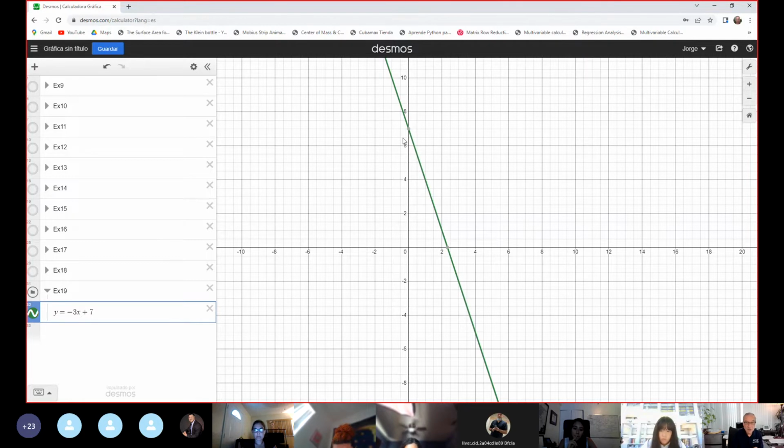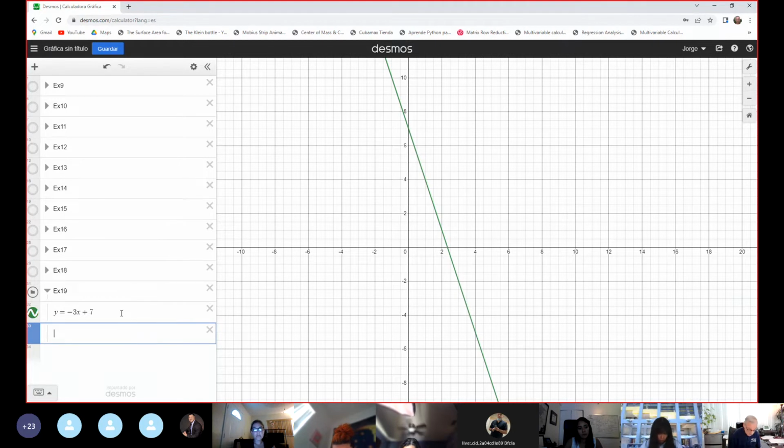There you go. Look at that. 0,7. I don't care too much about the y-intercept because it's decimal, and doing that graph by hand is much better than doing it in Desmos. So you compute the y-intercept, plot that, boom. And from this point, you walk 1 to the right and 3 down. Let me show you.